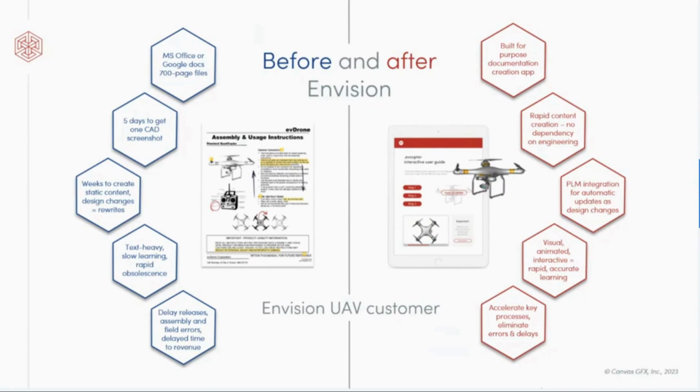And then when that document gets into the hands of the person who needs it, it's not something they learn from quickly or easily based on the content. So when they adopt Canvas Envision, they have a built-for-purpose creation application where they can do things that they would typically do in several disparate tools.